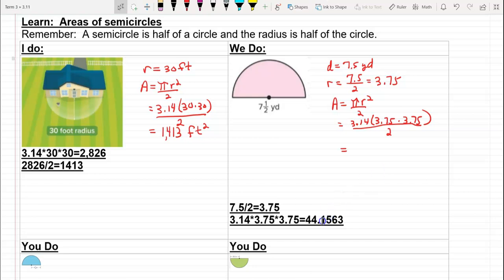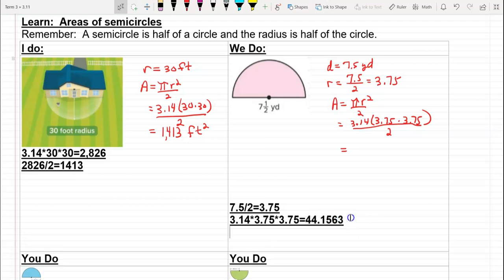And then we will take that answer and divide that by 2. And we end up with 22.08 yards squared. All right, guys, I'd encourage you to pause the video and copy this down, and then when you're done, go ahead and attempt the 2 you do questions.